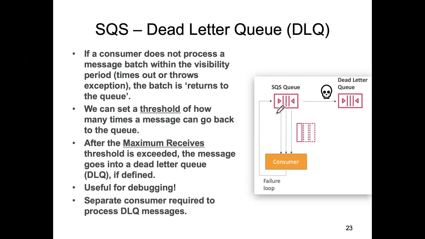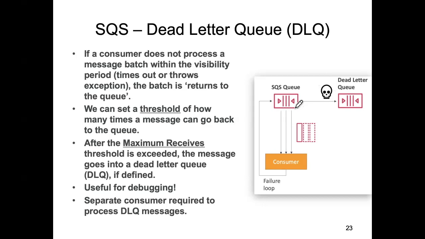So what you do is when you configure your SQS queue, as part of the configuration, you indicate that you want to associate with this queue another queue. This queue here is also just an ordinary SQS queue, but its role is to act as a dead letter queue for this queue.